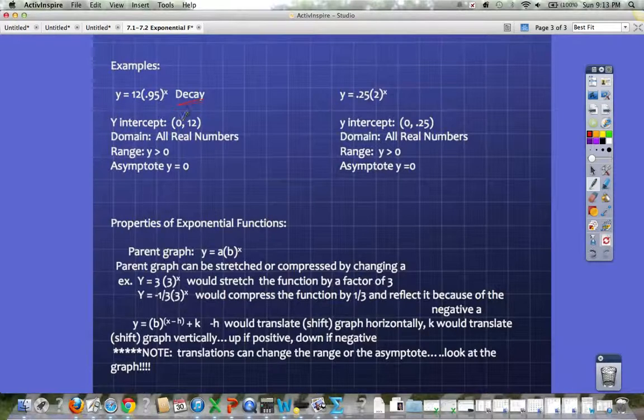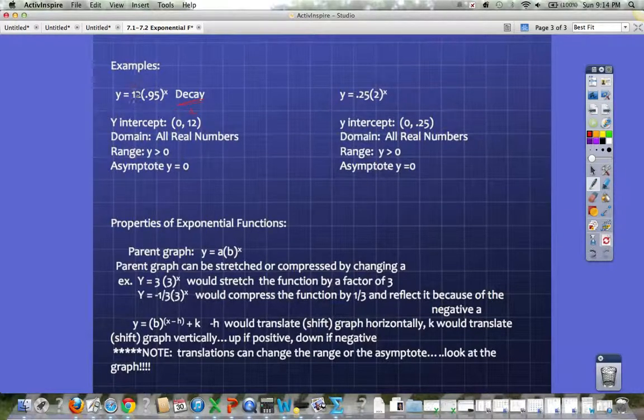The y-intercept would be at 0, 12, whatever a is. This is a. Alright? And the domain is going to be all real numbers. The range is still going to be y is greater than 0. And the asymptote will still be at y is equal to 0. Nothing changed it because there's just a stretch or a compression going on in the front.